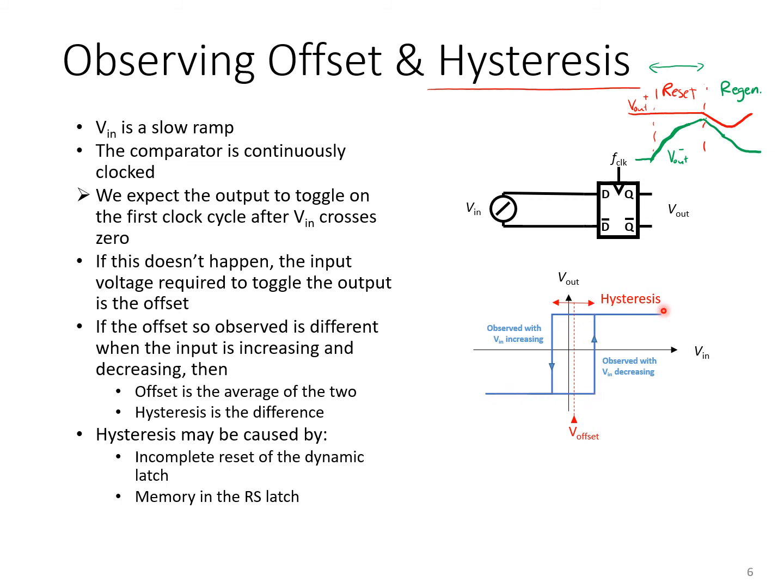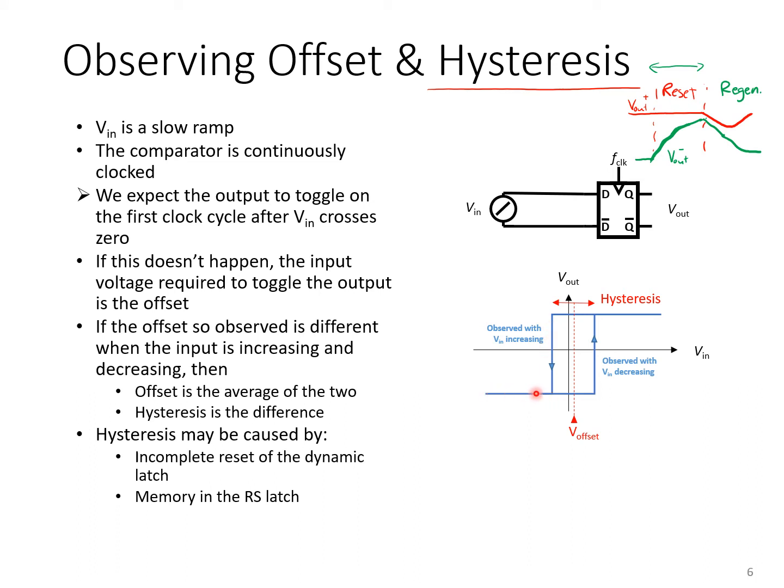Then repeat the experiment with a downward ramp, that is, ramp the differential input voltage back down again. And in this case, what you may find is that it takes a different voltage to trip the latch in the opposite direction from high to low. In the picture shown here, it takes actually a negative voltage to trip the latch from high to low.